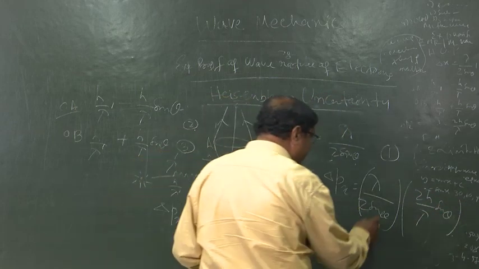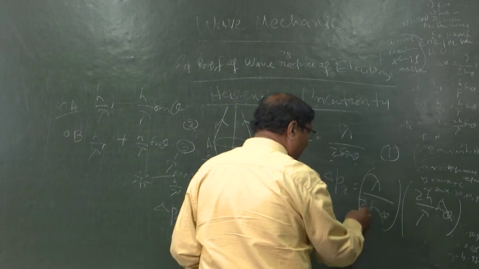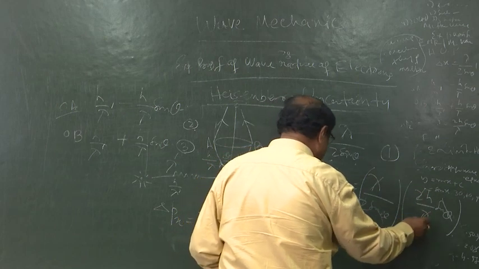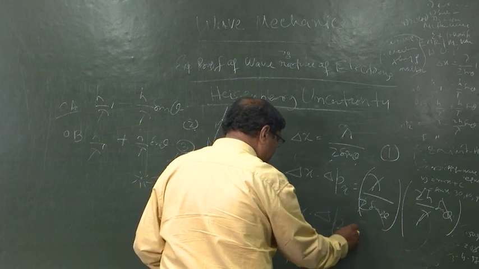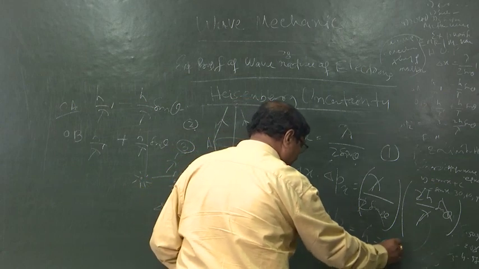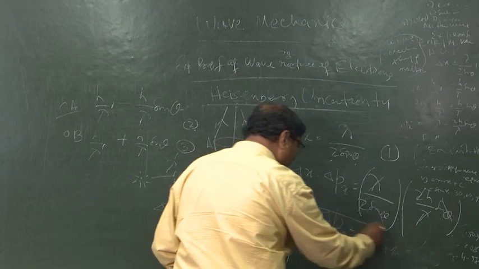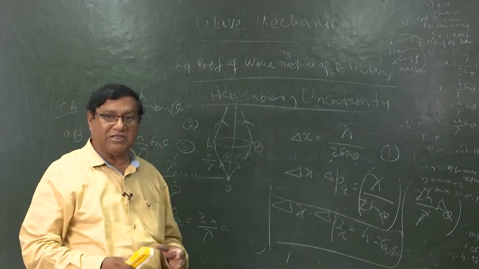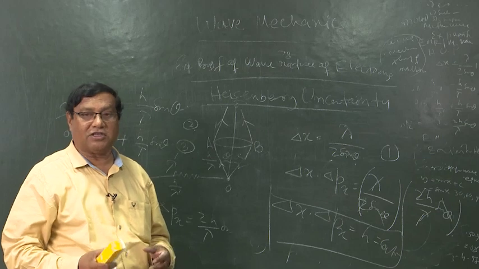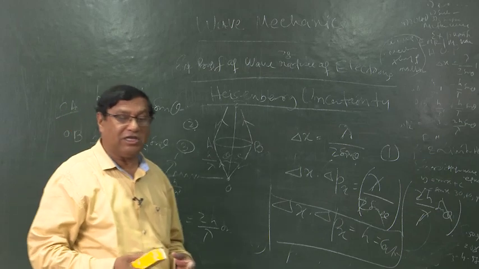The sin theta cancels, the 2 cancels, lambda cancels. So delta x into delta px is equal to h, a constant. The product of the two uncertainties is a constant quantity. That means if one is certain, the other is uncertain. This is called the uncertainty principle.